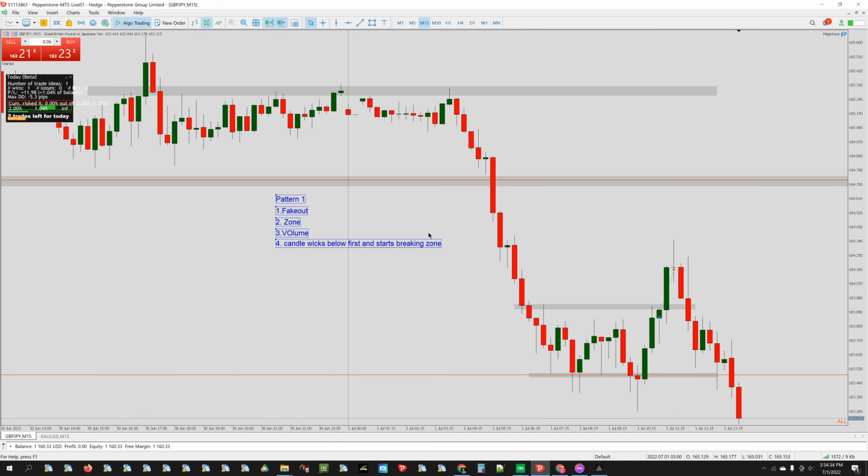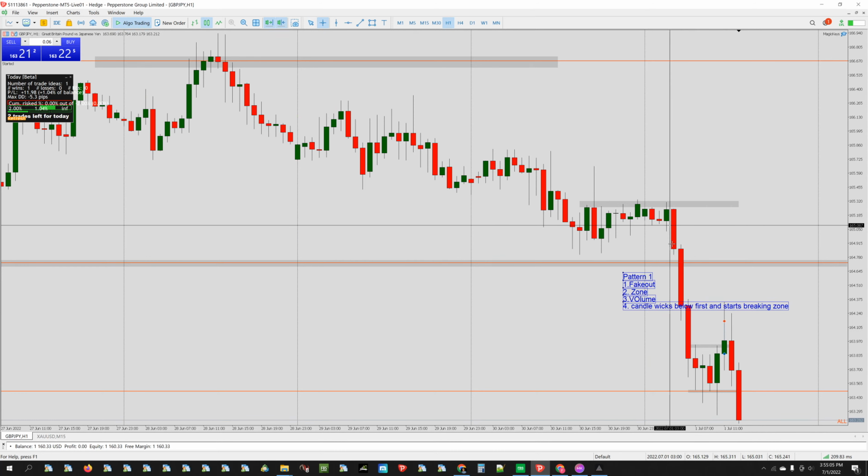On the other hand, pattern 2 appeared in this chart a little bit later after pattern 1. In pattern 2 we require about the same amount of things as in pattern 1. First, we need some sort of established trend.